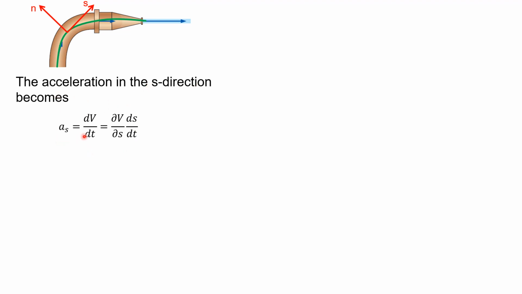So as equals dv over dt equals partial v over partial s times ds over dt. ds over dt we know is velocity, which is v, so we get this formula.